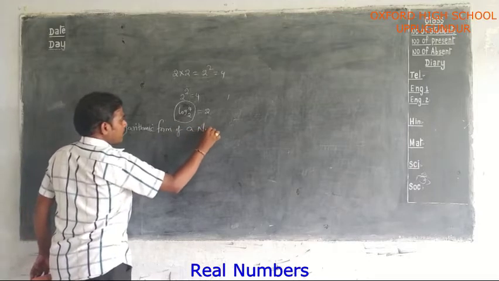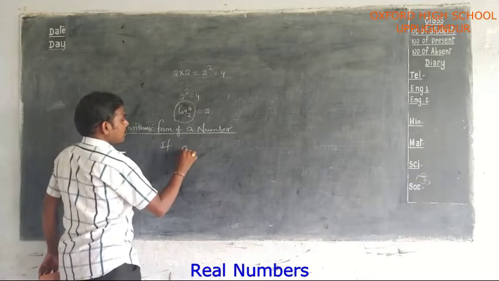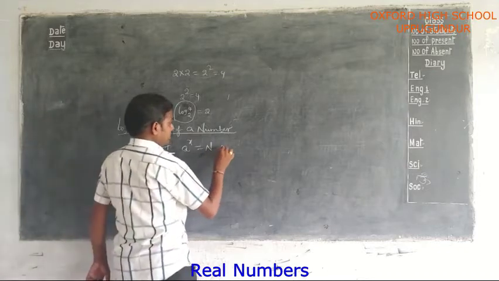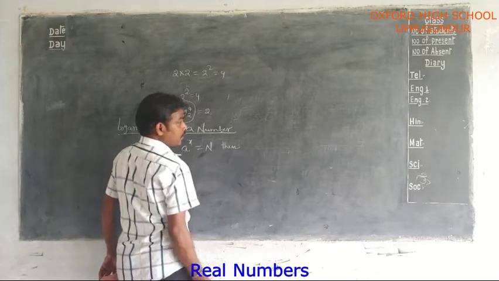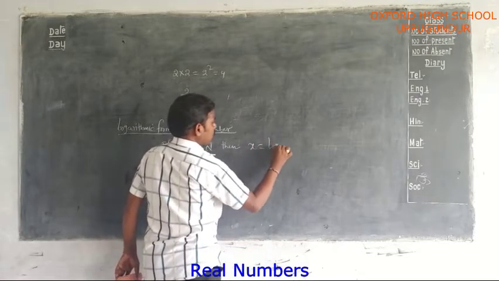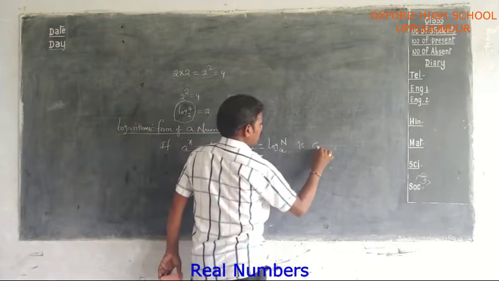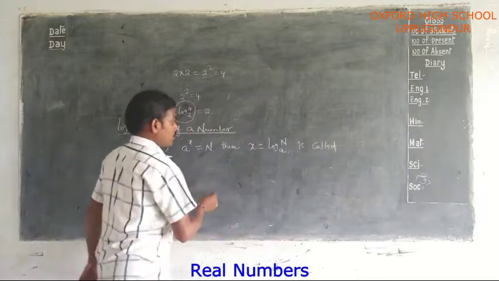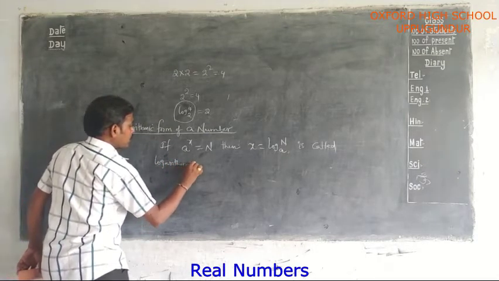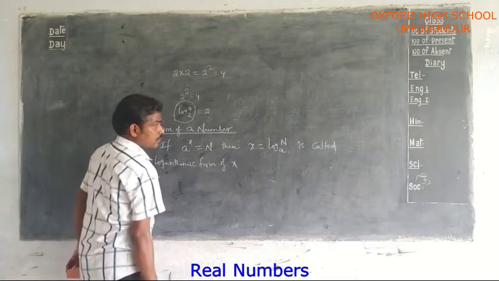Logarithmic form of a number. If a power x equal to n, then x equal to log n to the base a is called logarithmic form of x.